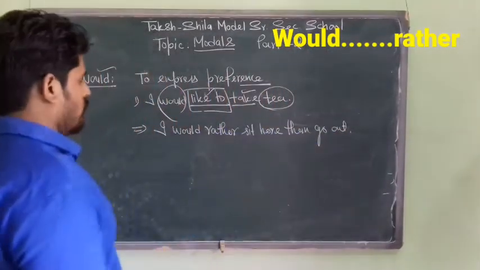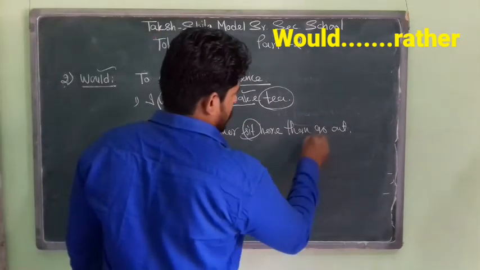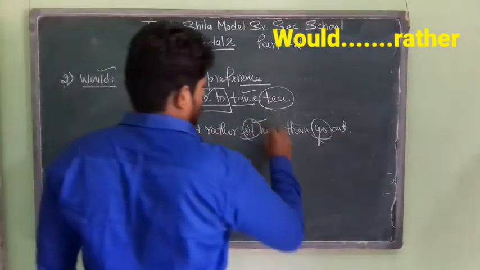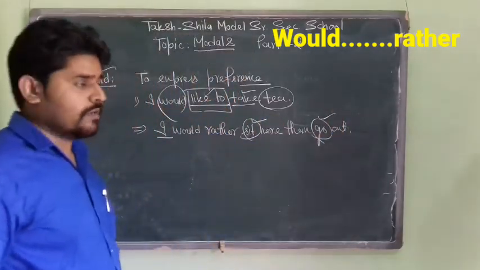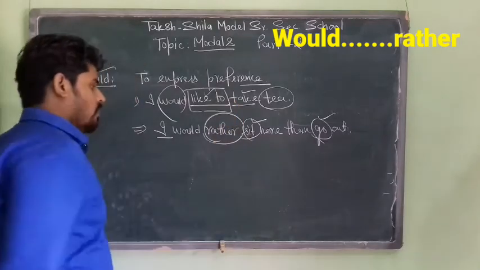So here there are two choices in front of the speaker, either sit here or go out. So the person just chooses what? Sitting here over going out. So here also, here we have the word rather.